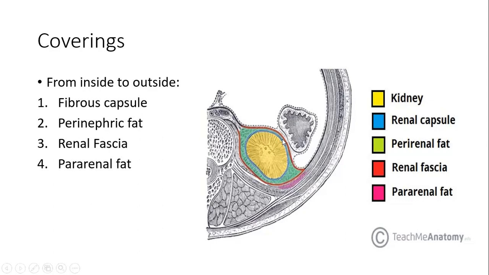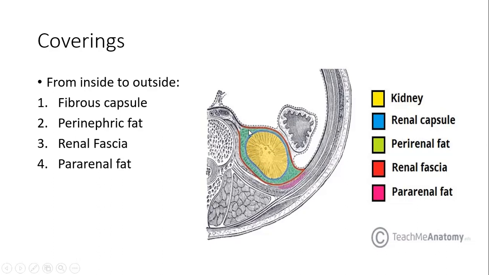In the diagram, you can see each of these layers is assigned a specific color. From inside to outside, the kidney is shown to be yellow in color, and outside it is a blue layer, which represents the renal capsule.